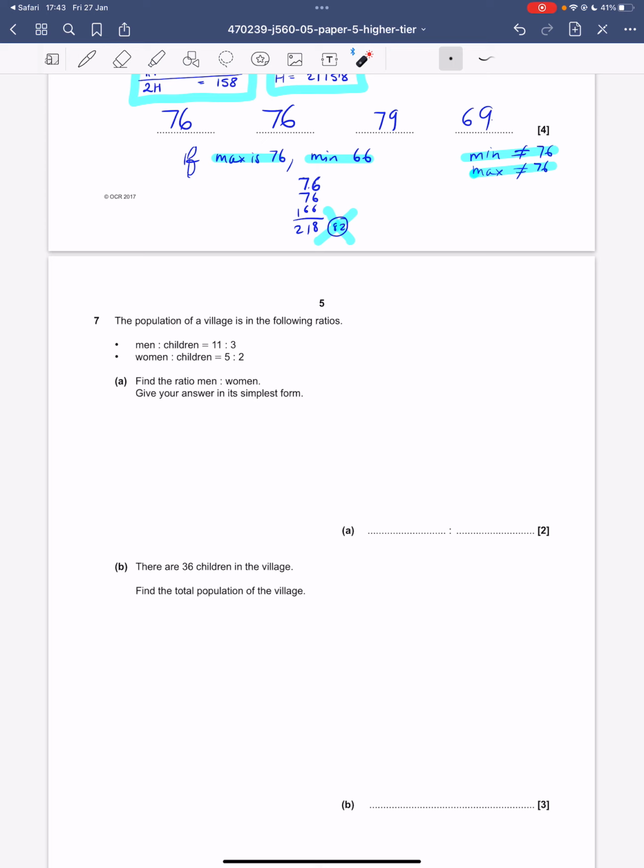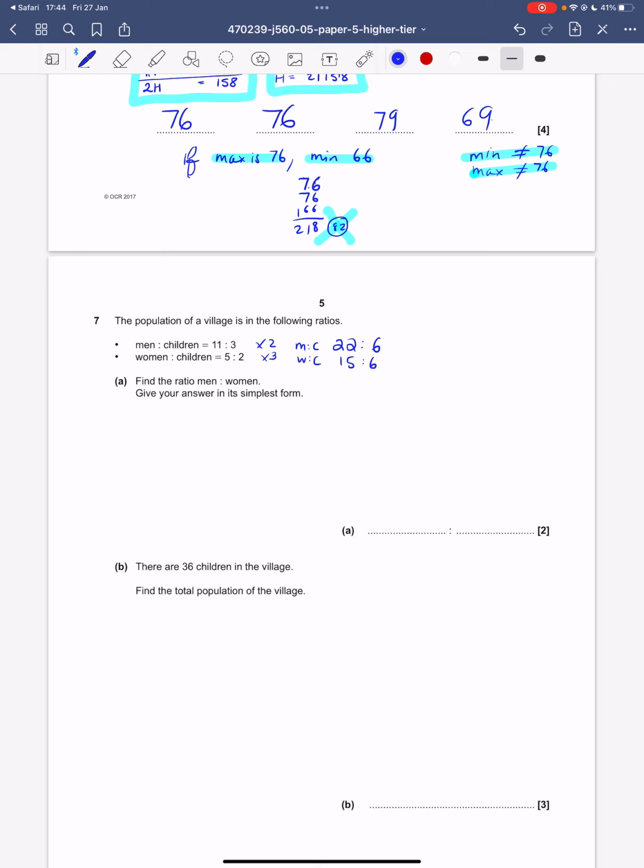Right, so we want men to women, so we've got to make the children the same in the ratio. Because it's 3 and 2, we need to make them both into 6s. So we multiply these ones by 2, and these ones by 3. It's 22 to 6, men to children, and then women to children, 10 to 4, multiply by 3, 15 to 6.